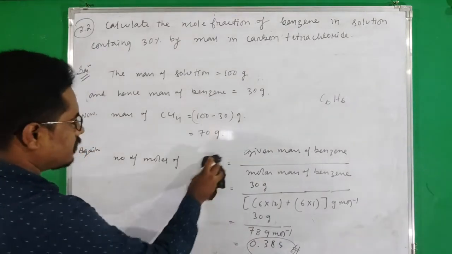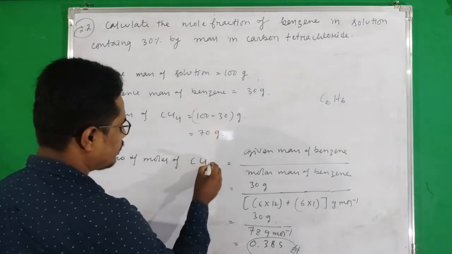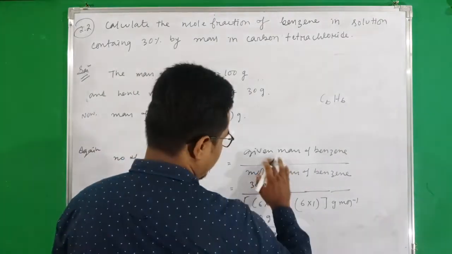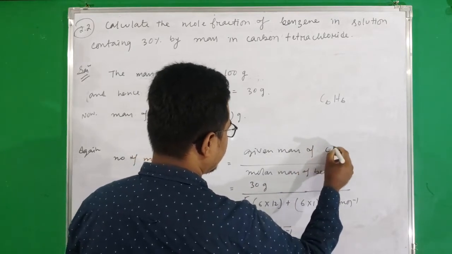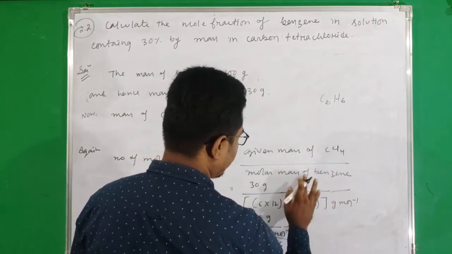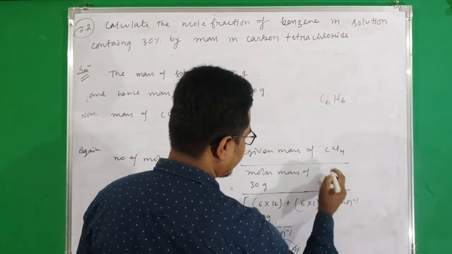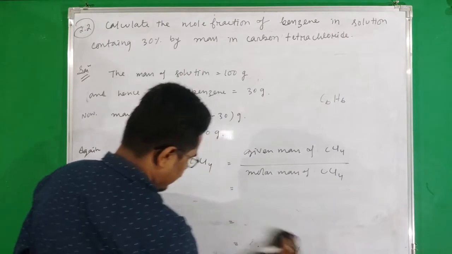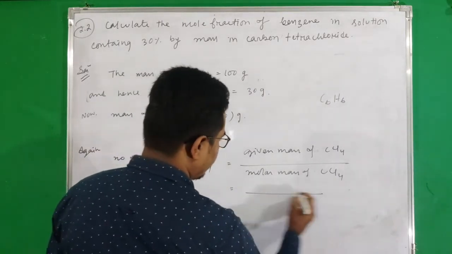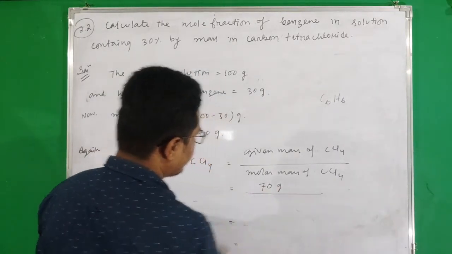Number of moles of carbon tetrachloride equals given mass of carbon tetrachloride divided by molar mass of carbon tetrachloride. In this case, the given mass of carbon tetrachloride is 70 gram.